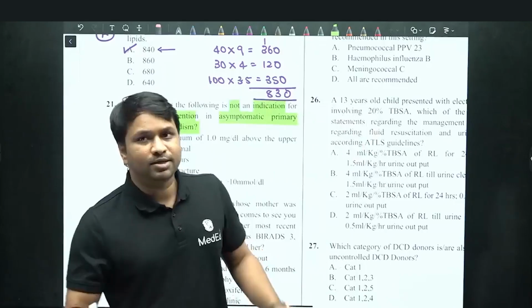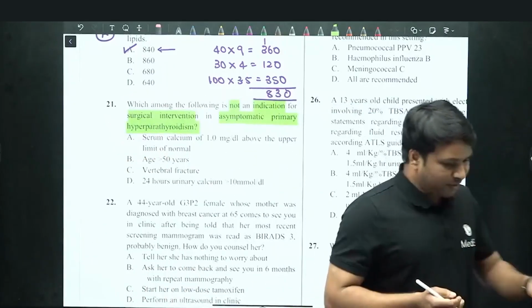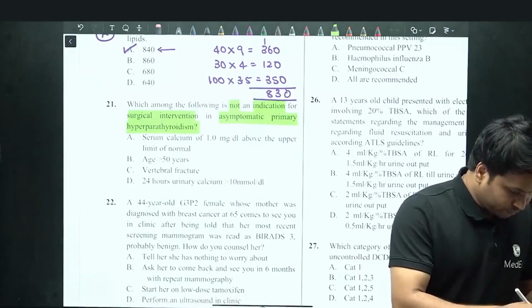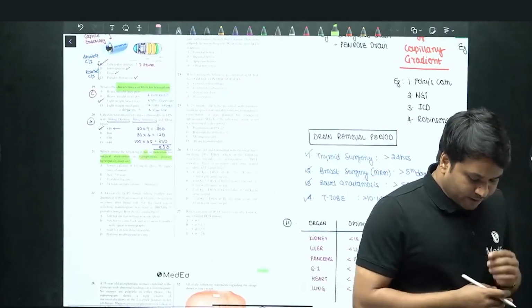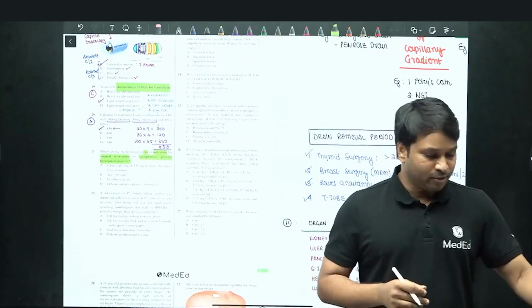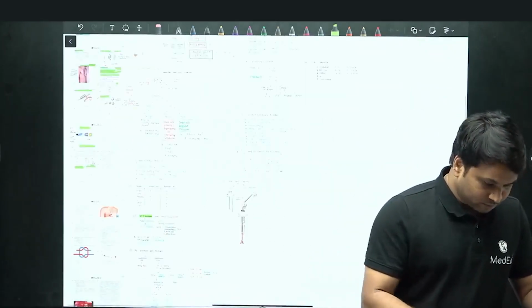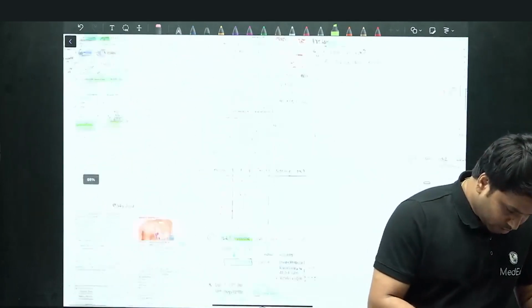Now, this is something that's an expected exam question that I expect you to remember, right? Chalo. So, talk about the indications for surgery in an asymptomatic hyperparathyroidism. This is your question number 21.